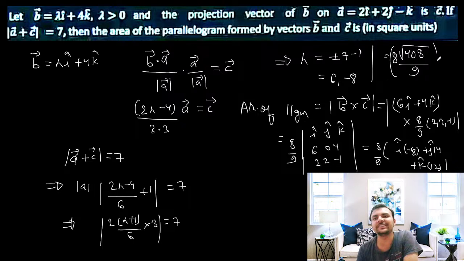So if this is the option, this could be the answer, or we'll go with minus 8. Minus 16 by 9. So we will have minus 16 by 9. Okay. And then we'll have minus 8 minus 4.